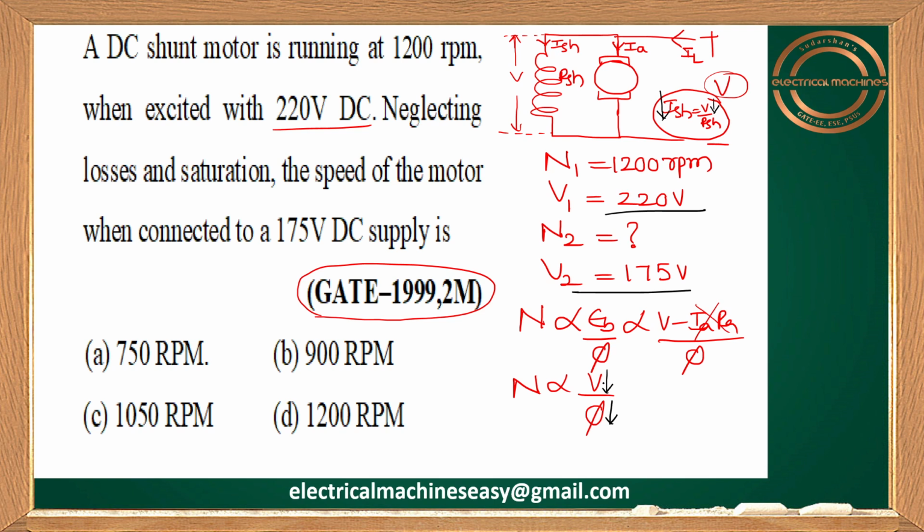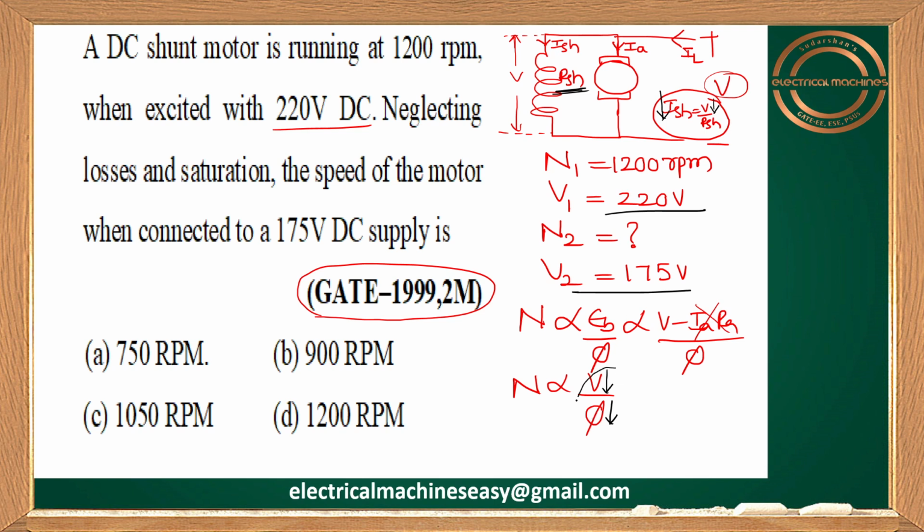So the variation of your V and the variation of your flux are by the same amount, because he has not given R_SH and all those things, right? So if V reduces from 220 to 175, the numerator reduces, and the denominator, flux, depends on I_SH, which equals V by R_SH. Whenever V is reducing, I_SH is also reducing, so flux is reducing.